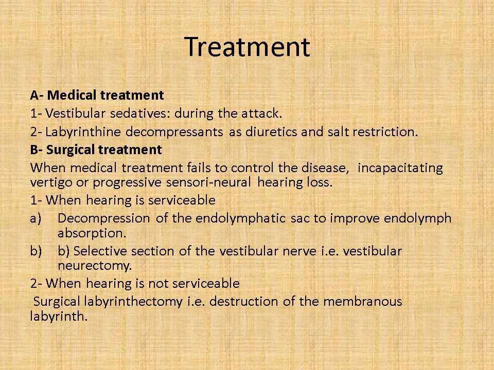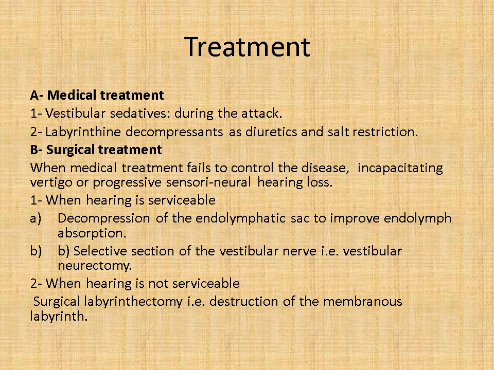Regarding the surgical treatment, it is needed when the medical treatment fails to control the disease, or in cases of incapacitating vertigo or progressive sensorineural hearing loss. This will depend on whether the hearing is serviceable or not.